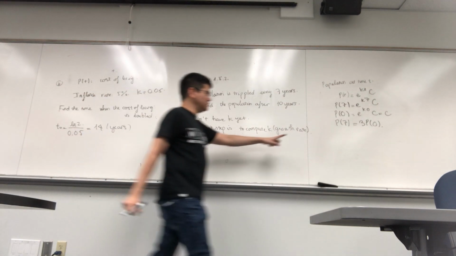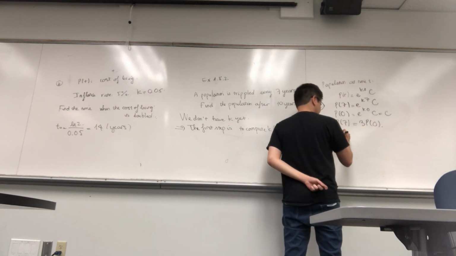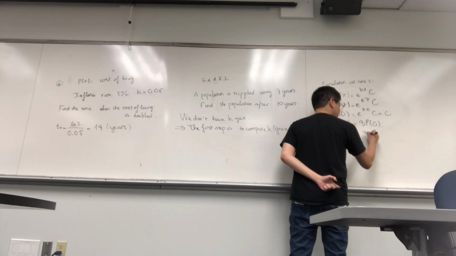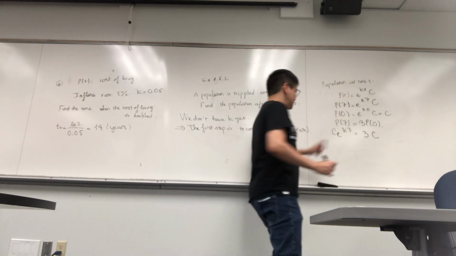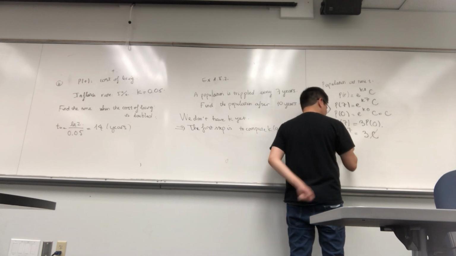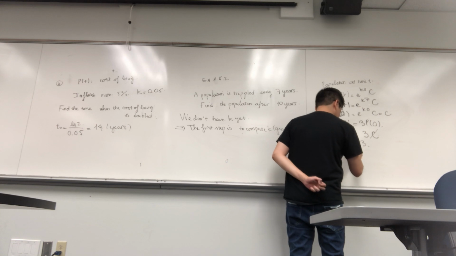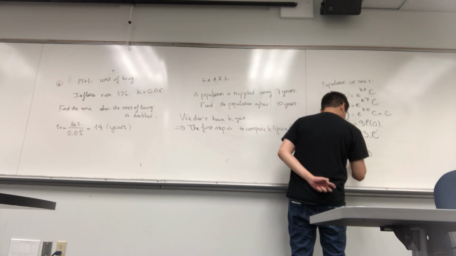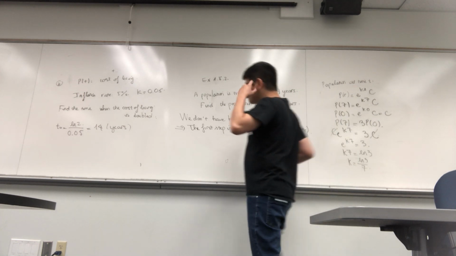Which means that c e to the k 7 will be 3 times c. All right? So you're gonna remove c. You have e to the k 7 is 3. So k 7 is log 3. So k is log 3 over 7. All right?